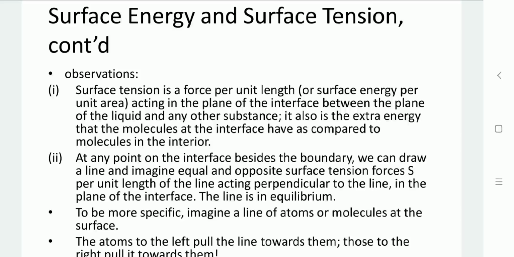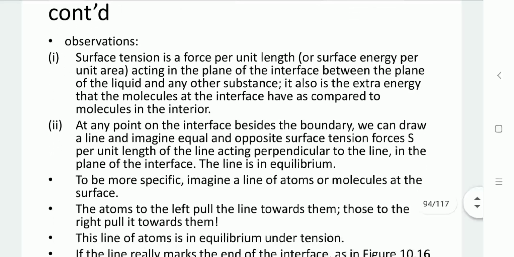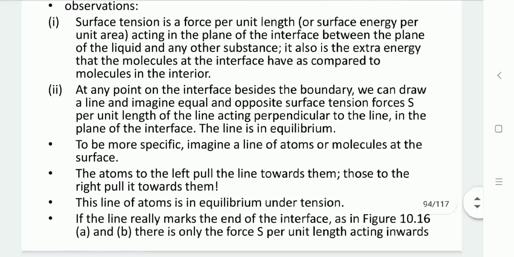Second observation: at any point on the interface beside the boundary, we can draw a line and imagine equal and opposite surface tension force S per unit length of the line, acting perpendicular to it in the plane of the interface. So this line is in equilibrium. The line of atoms and molecules is at this surface.